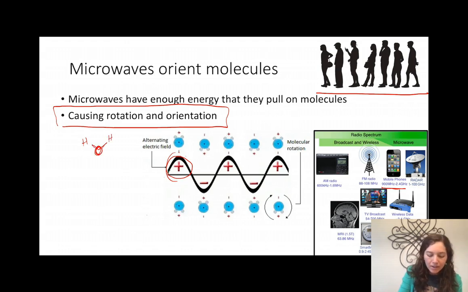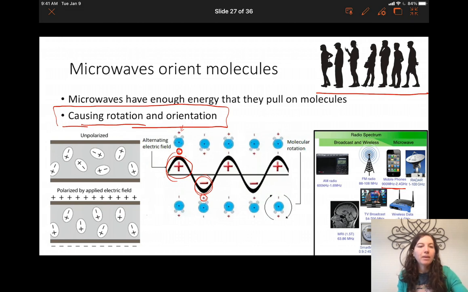And what we see here is that our partially negative charge of the oxygen, this is our oxygen, is lined up to the positive, and the positive is on the opposite side. When we have a negative, we're going to see the positive side, our hydrogens, closer to the wave. You can see this as the field alternates between positive and negative voltage.